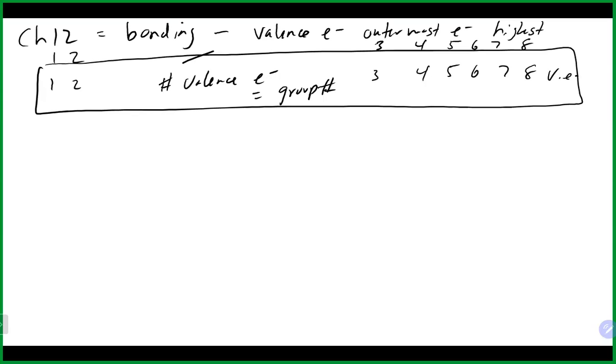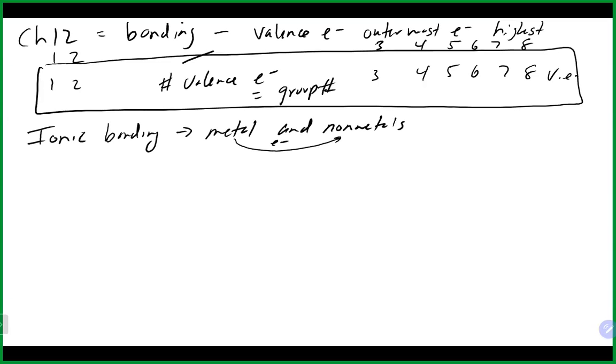When we talk about bonding, there are really 2 types. There's ionic bonding, which is between a metal and a non-metal. Based on those periodic trends, we know that the electron always goes from the metal to the non-metal.